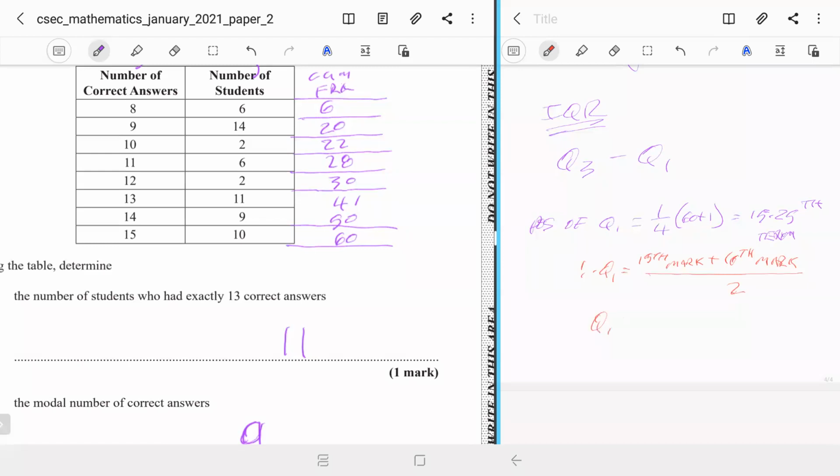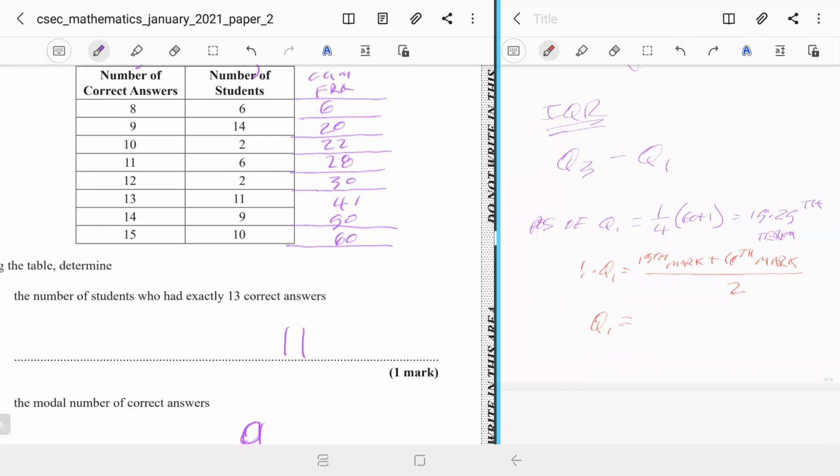So tell me now, what's the 15th mark on this? What's the 15th mark? Sir, it's 9.